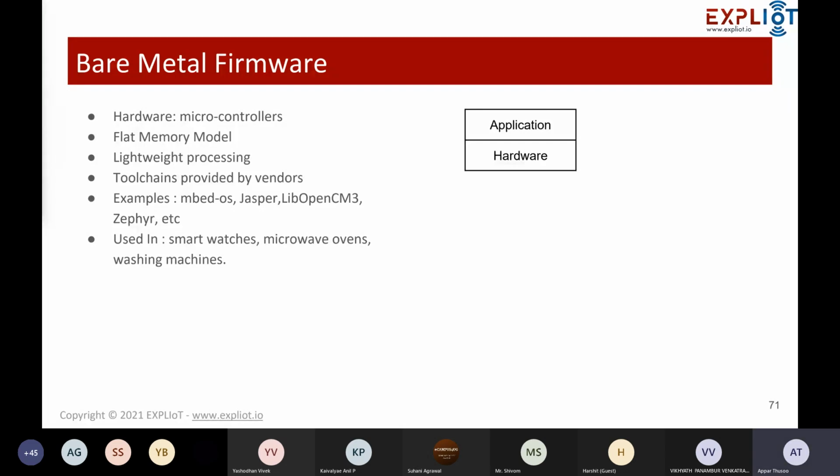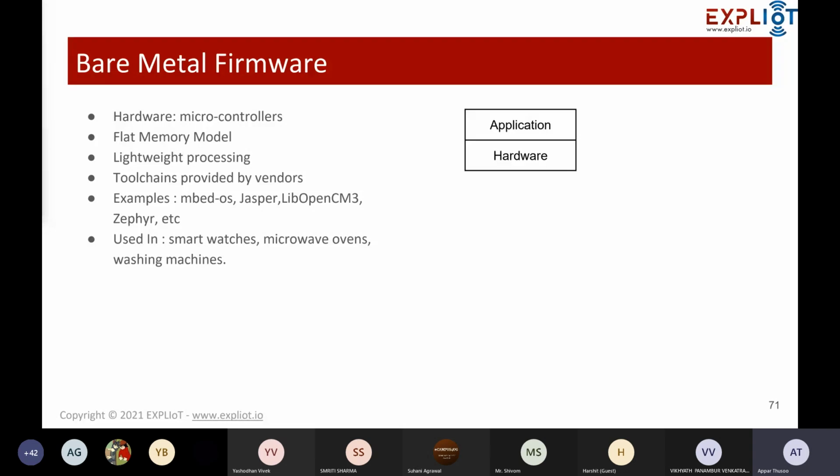You have toolchains that are provided by the vendors. Some examples of bare metal firmware include Mbed OS, Casper, LiveOpen, CM3, and Zephyr. You'll find these bare metal firmwares on a lot of smartwatches out there in the market, your microwave ovens, and your washing machines. So this is a very high-level overview of what a bare metal firmware is.